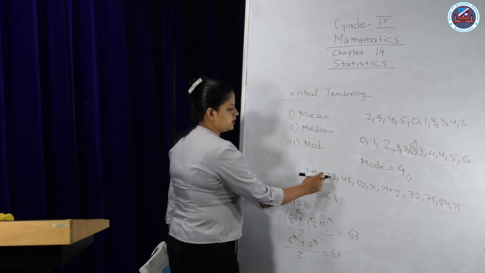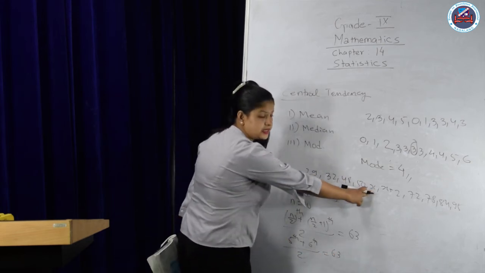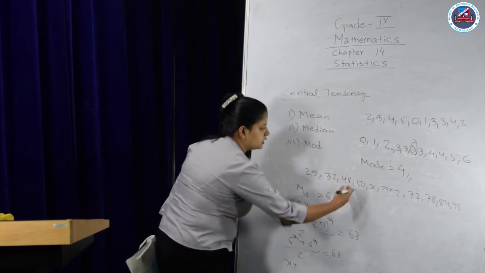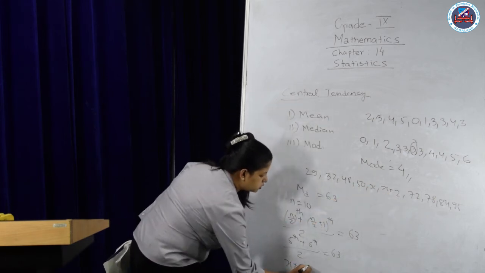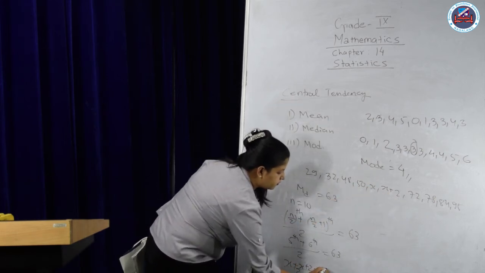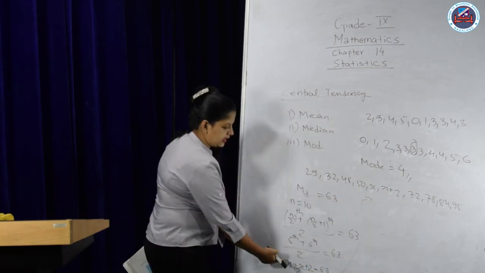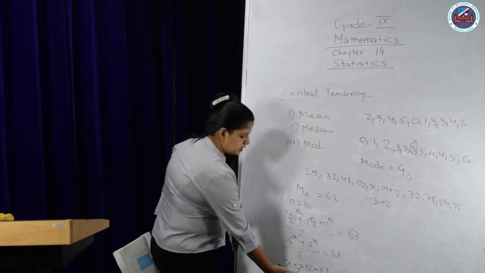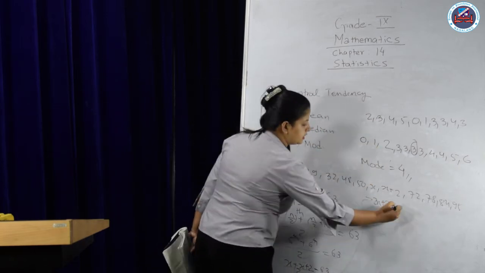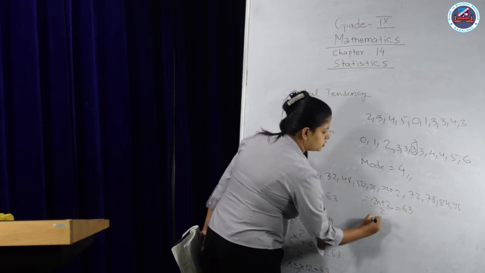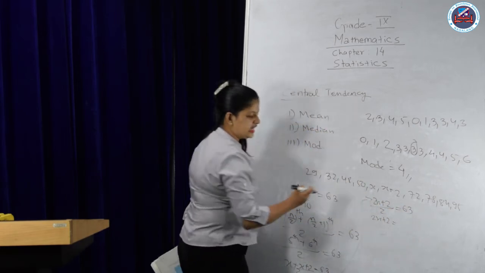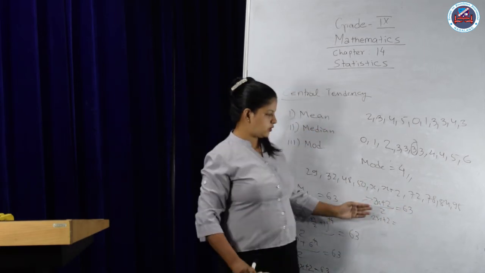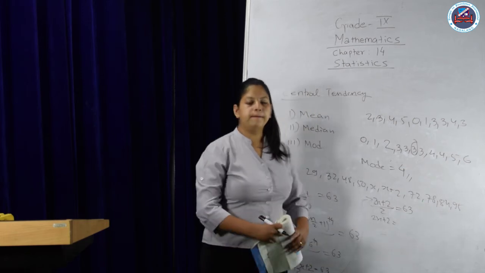Now the 5th term is 1, 2, 3, 4, 5, x. The next term is x plus 2, by 2. Now x plus x, 2x plus 2. This divide by 2 will go to the other side. I have taught you in chapter 1 that if it is divided, then while going to the other side it would be multiplied.